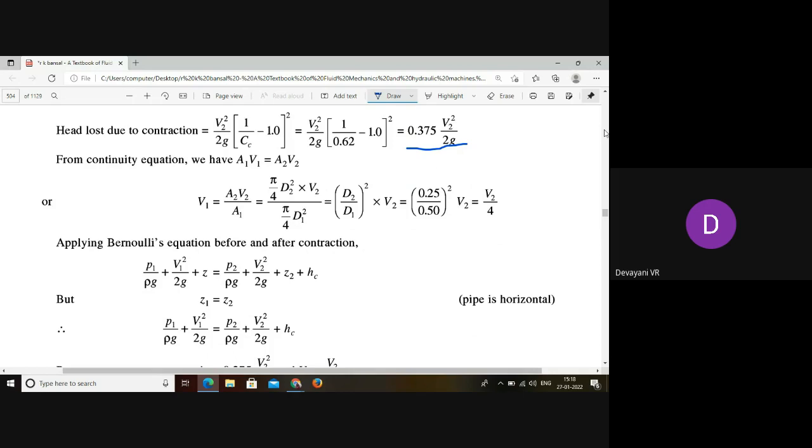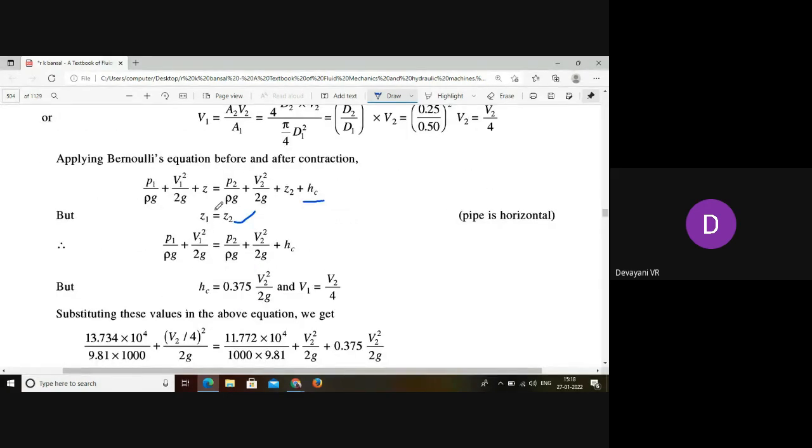Now let's take the Bernoulli's equation to find out the velocity at the other section. The equation is P1 by rho g plus V1 square by 2g plus Z1 is equal to P2 by rho g plus V2 square by 2g plus Z2, including the head loss due to contraction, that is Hc. And we know that for a horizontal pipe Z1 is equal to Z2, and the remaining will be P1 by rho g plus V1 square by 2g is equal to P2 by rho g plus V2 square by 2g plus Hc.